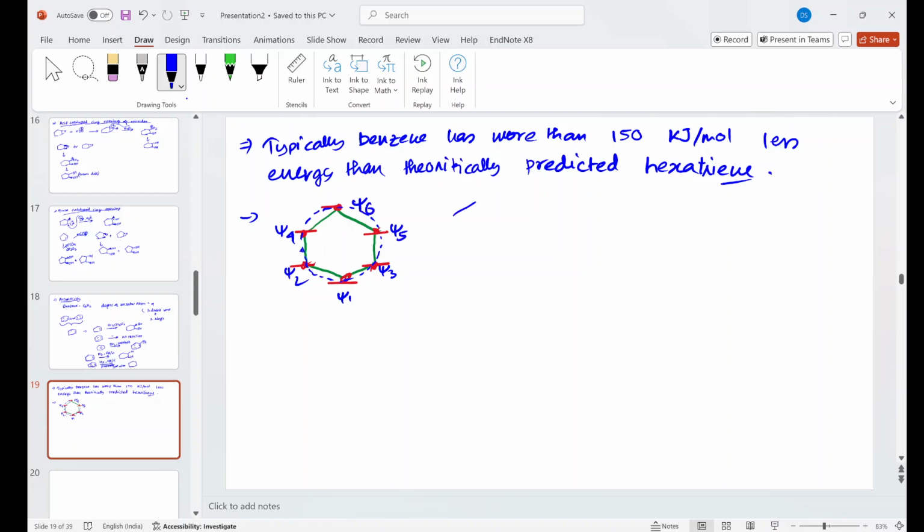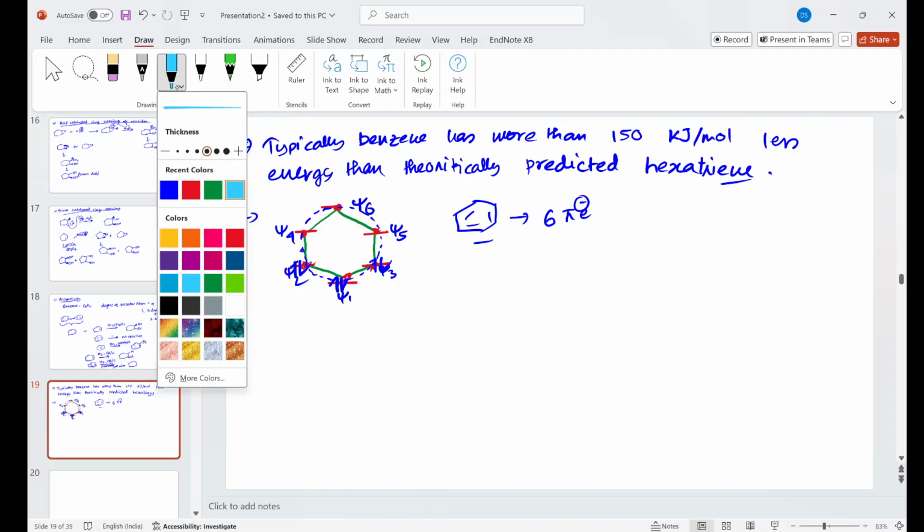So how many pi electrons do you have? You have 6 pi electrons, right? So you can fill it like this: 2 here, 1, 2, 2. Now you can see you have filled all the orbitals. And one more thing I forgot to mention here.